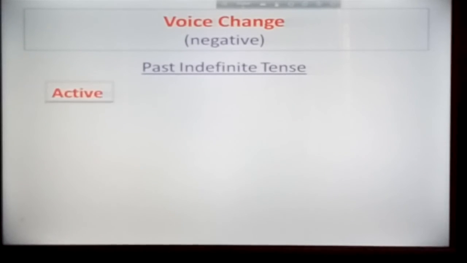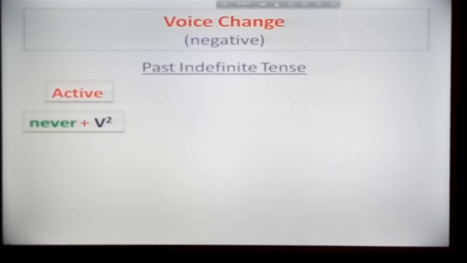So in the active voice in the past indefinite tense, the main verb after the negative word never must always be in the past simple form because it agrees with the tense it is used in. In the past indefinite tense, the main verb must be in the past simple form or past indefinite form.